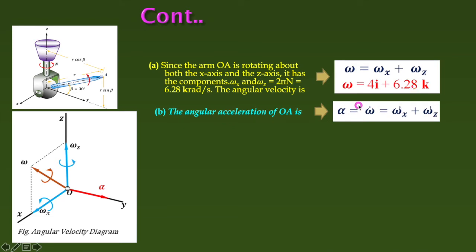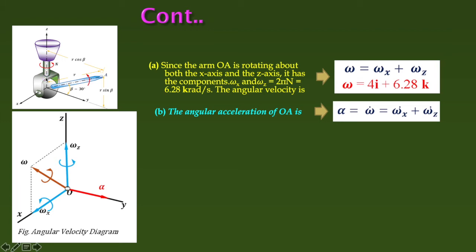We know that in the second slide we discussed that if there are two angular motions, then the angular acceleration is simply the time derivative of omega. So alpha equals d omega by dt, or omega dot equals omega x dot plus omega z dot. Now for omega x dot, in the x direction, both effects are there, the effect of omega x as well as the effect of omega z, because the entire setup was rotating about the z axis.